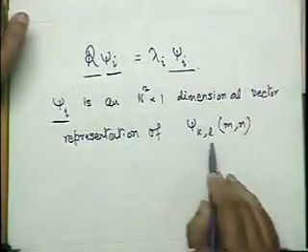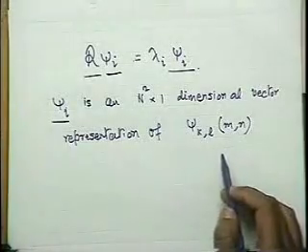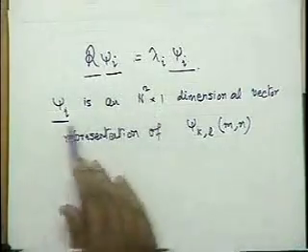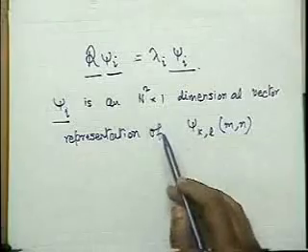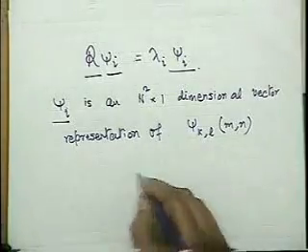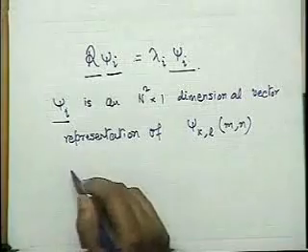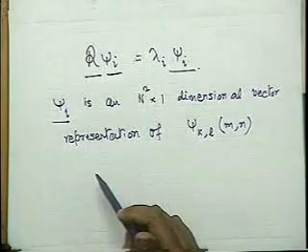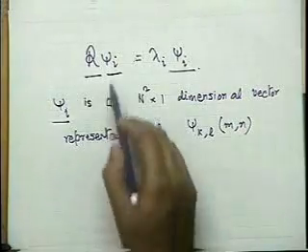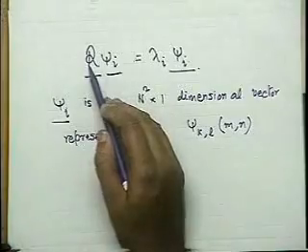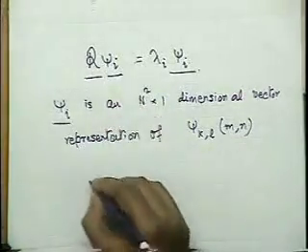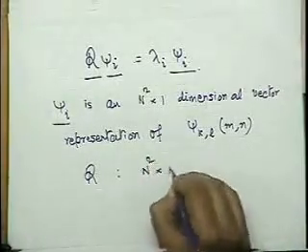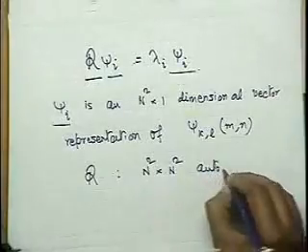Whatever I was calling psi k l m n was of dimension N by N, and instead of that I am considering the N square by 1 dimensional vector, which I am calling psi i, and psi i is going to be basically the eigenvector for which matrix? This Cal R matrix. This is the Cal R, and Cal R is basically an N square by N square autocorrelation matrix.